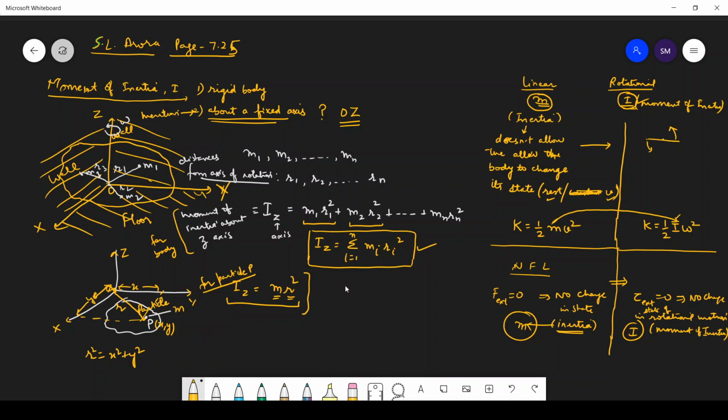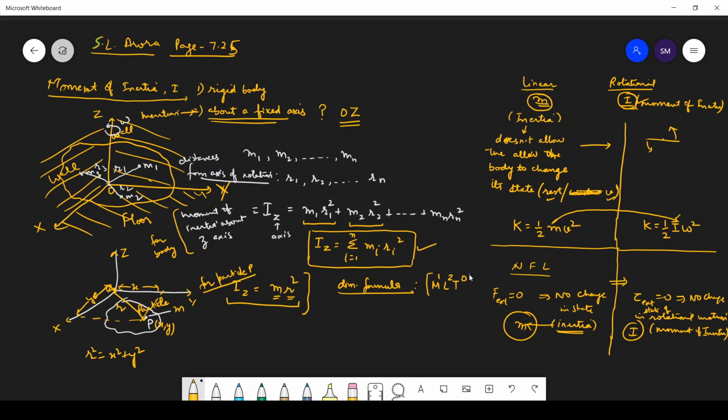Now the important thing is, what is the dimensional formula for this moment of inertia? We write dimensional formula in terms of mass, length and time. You can see that there is mass 1, and length, we have length here 2 times, L square, and there is no time.